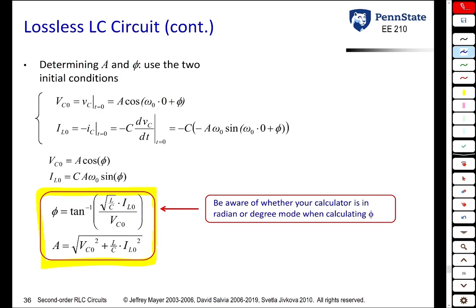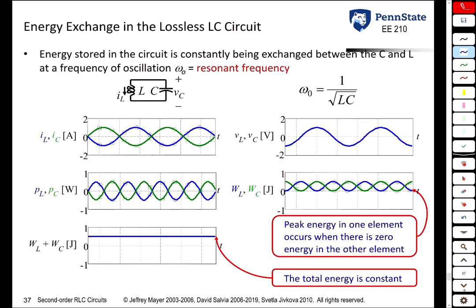And of course, the other equation from the previous page that we need, omega naught, is just 1 over the square root of L times C. These three equations are all we really need to solve these lossless LC circuits.